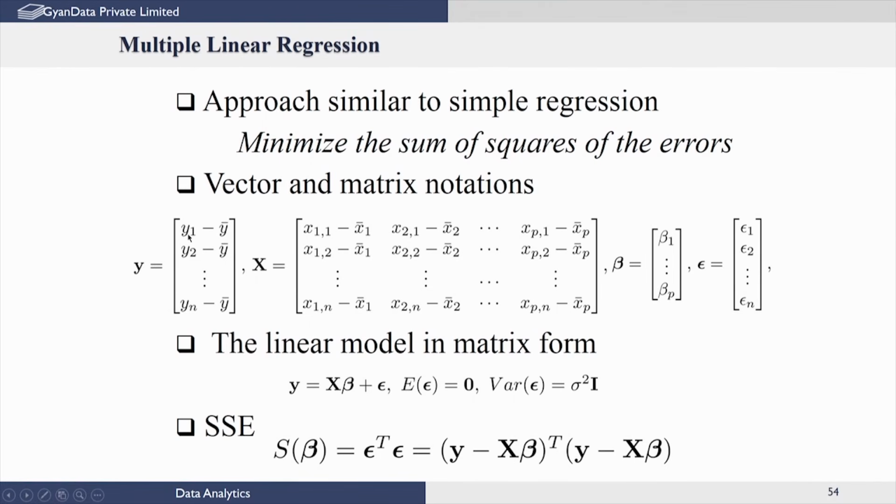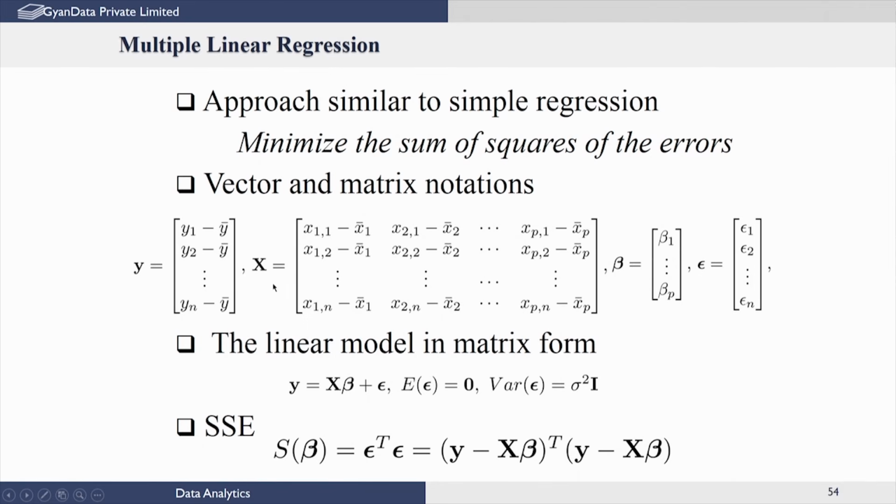So, the first value is the mean shifted value of the first observation, the second value in this vector is the second sample value minus the mean value of the dependent variable, and so on for all the n observations we have. So, these are the mean shifted values of all the n samples for the dependent variable.